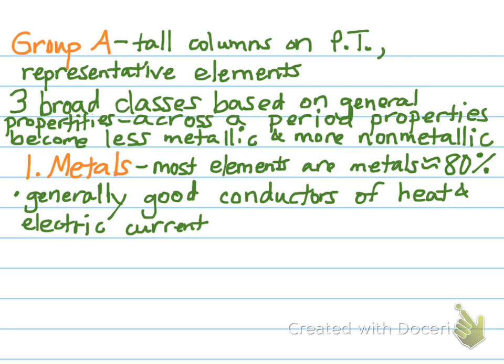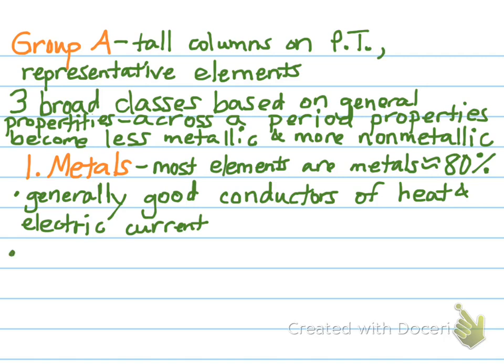That's typically why your pots and pans that you cook with are made of metal, because that metal conducts that heat really well to whatever the food is that you're trying to cook in the pan.